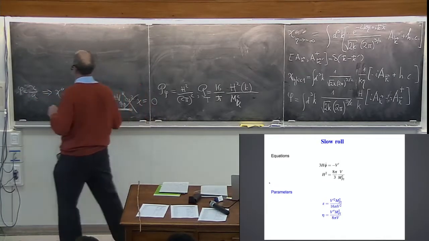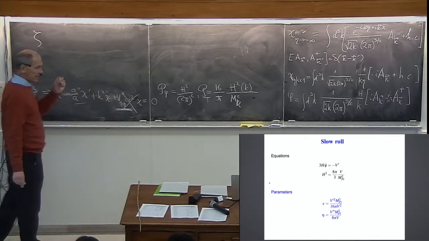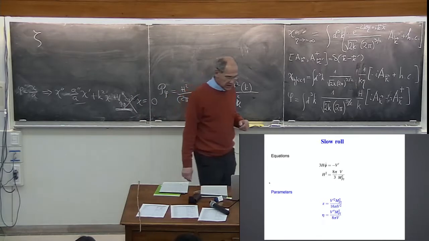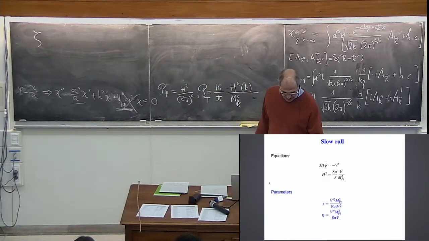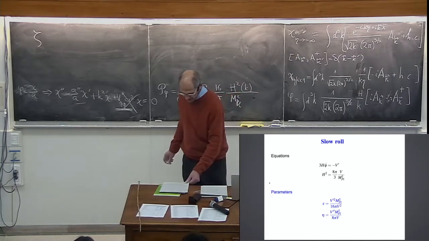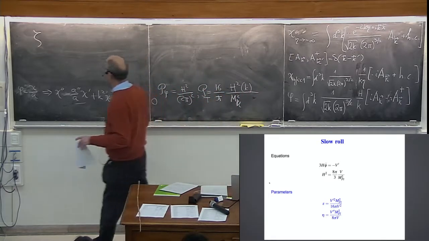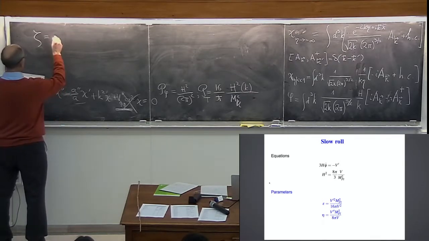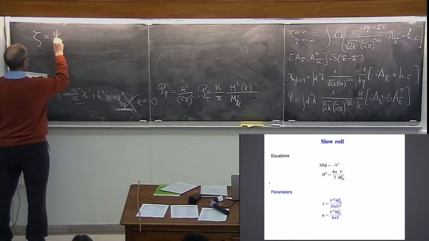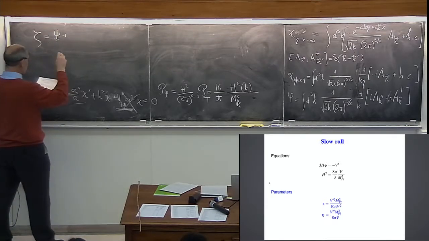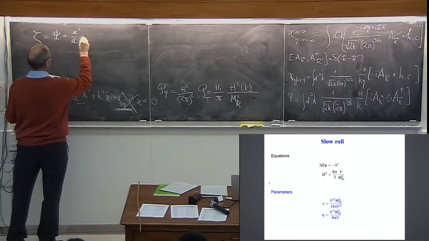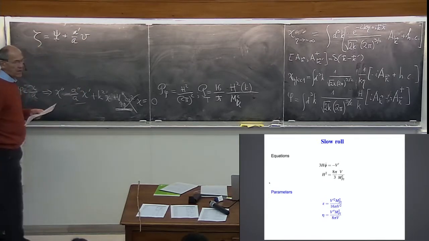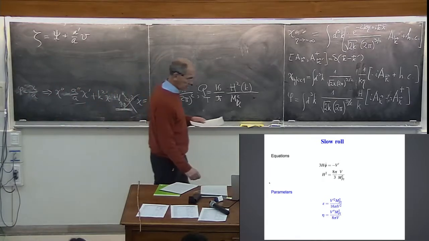Remember, we introduced this quantity zeta, which is the invariant characteristic of the density perturbations and associated gravitational potentials. And we had one expression for it, which was psi, the gravitational potential, plus a prime over a times V, where V is the velocity of the medium.